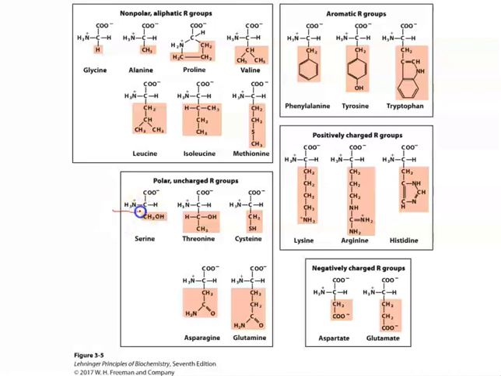So where we have this portion of the structure here with your alpha carbon and your carboxylic acid group and your amino group, and we got this hydrogen here, this is all the same in all the amino acids.